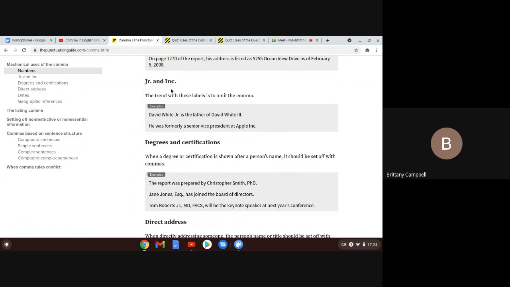So wherever you see something like this, for instance, Jr. and Inc., then you realize that you're supposed to omit the use of the comma as it follows a period here. And I'm pretty sure that we know about the period already, the full stop. Look at the example. David White Jr. is the father of David White III. All right.